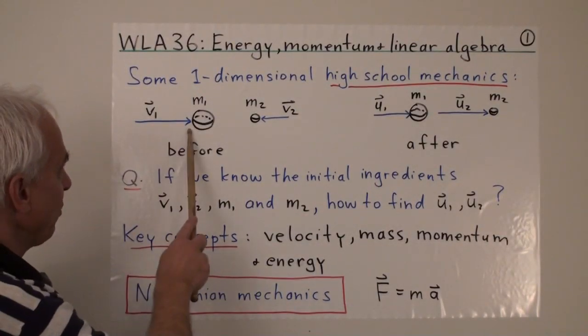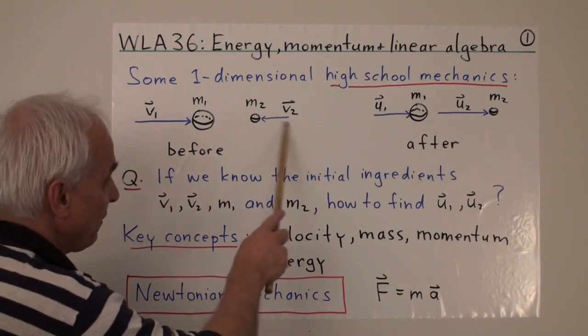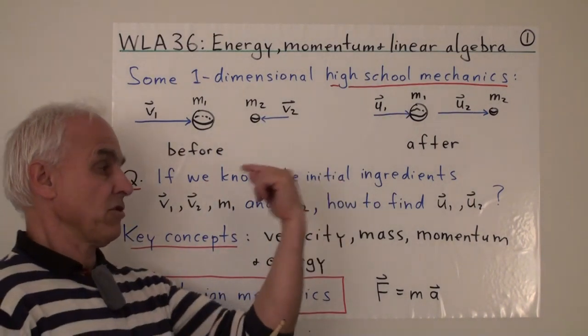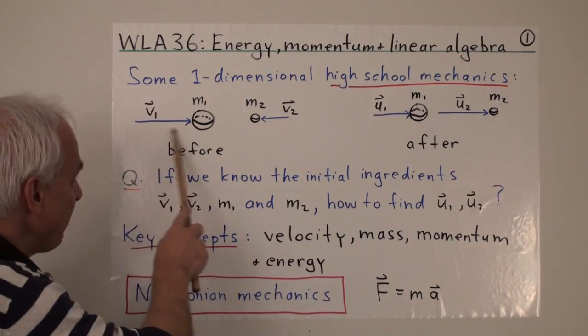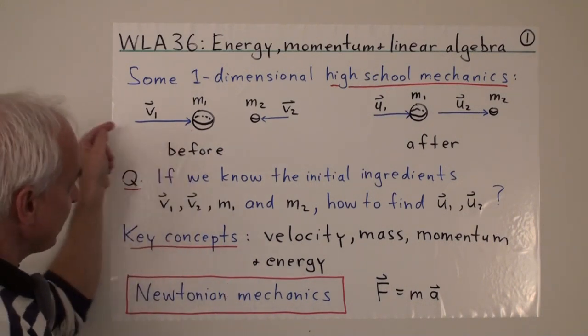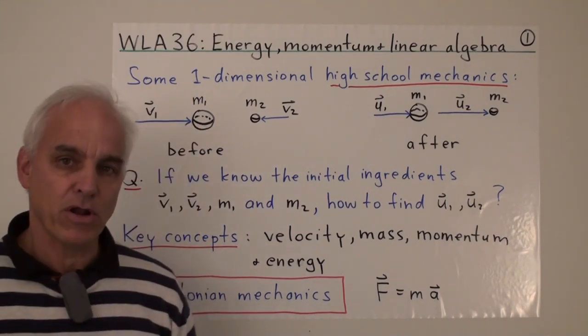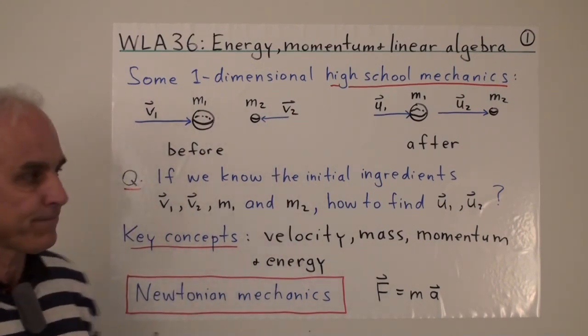The velocity of this one will be v1, which is a vector pointing in that direction, and the velocity of this one will be v2, which happens to be a vector pointing in this direction. And these really are vector quantities, so they have the direction but also the magnitude. So this longer vector here represents that this m1 particle is moving faster than this m2 particle.